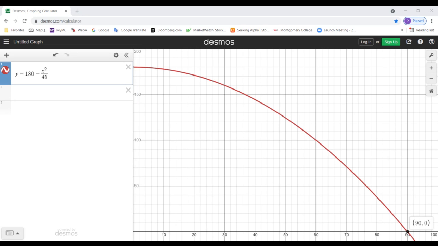I just clicked on the x-intercept, so what are my limits going to be for this parabola? If I let x be my parameter, what would the x limits be? We know 90 is important, that would certainly be your top limit.